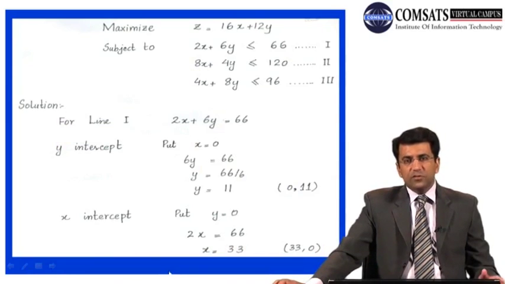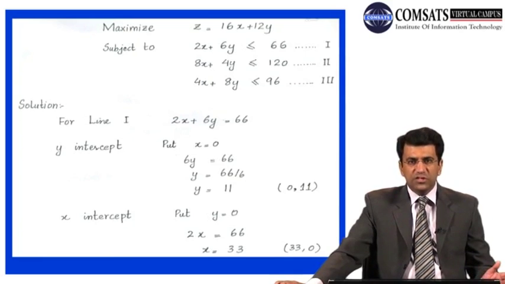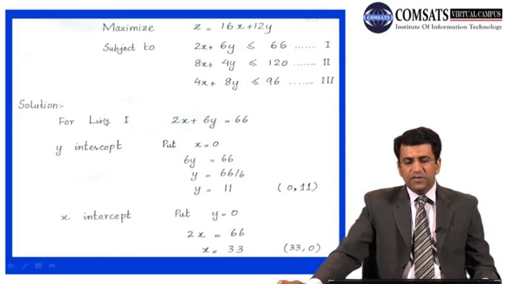Now again, we will solve this problem in a similar fashion as we did for the 2 constraints. What's the difference here? There are 3 constraints. There can be more constraints, but the method is almost the same. So first we take line 1, the first constraint, and we put it to equality, that is 2x + 6y = 66.